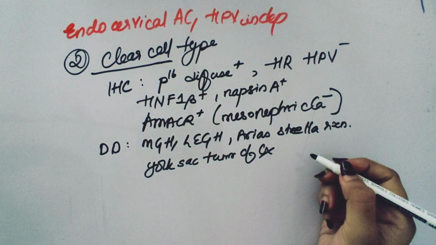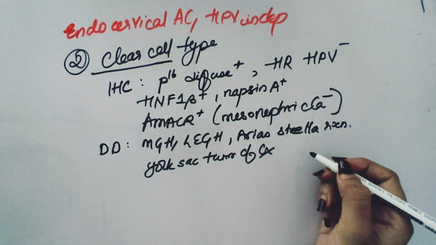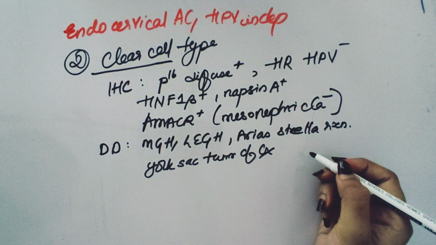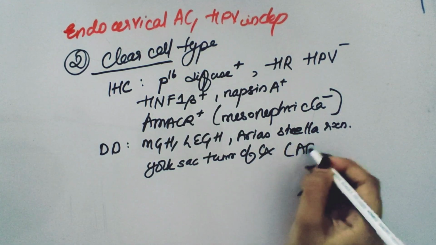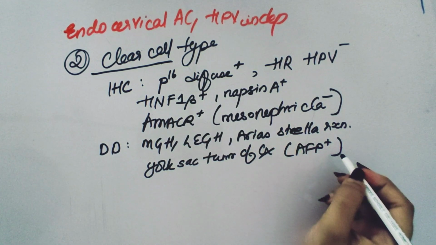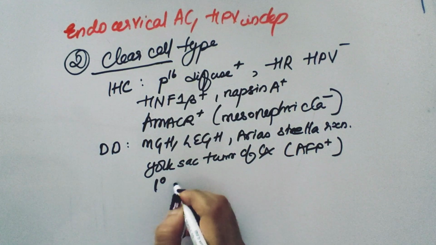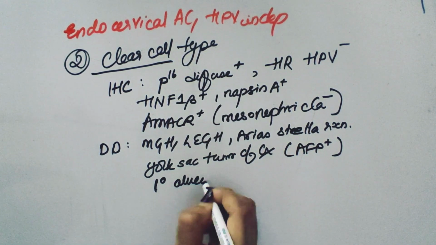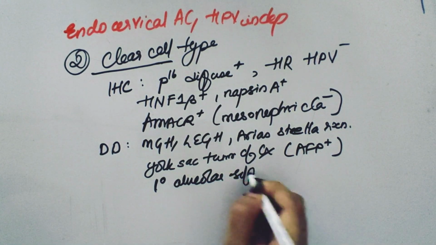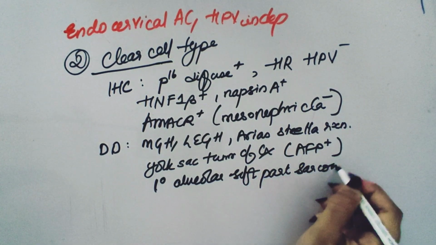So if in that young age group, that is in the 19-20 kind of age group, the carcinoma which can occur in the cervix is yolk sac tumor. So how you will differentiate at that time? It is AFP positive, and then you will get Schiller-Duval bodies, etc. And then you can also have primary alveolar soft part sarcoma. If you can remember, you can write it, or else just leave it.